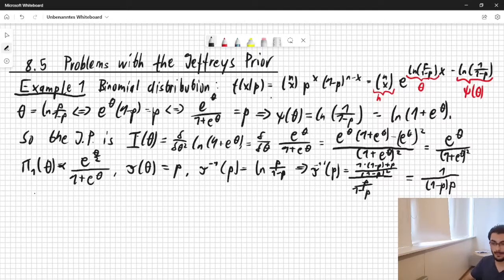Now we can plug everything in and see that the prior in p, which is perhaps more interesting, is proportional to the Jeffrey prior in the inverse of this in p times this derivative.